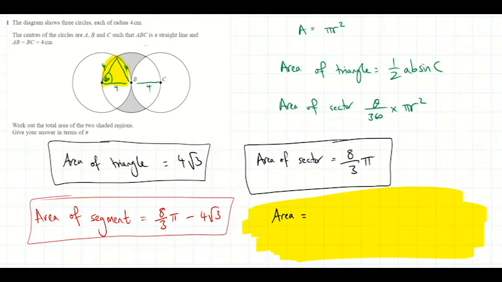So the area of the sector plus the area of the segment. Putting that together, oh, silly me, I forgot the pi. Putting that together, I'm going to end up with 16 over 3 pi minus 4 root 3. And that's one of them done.